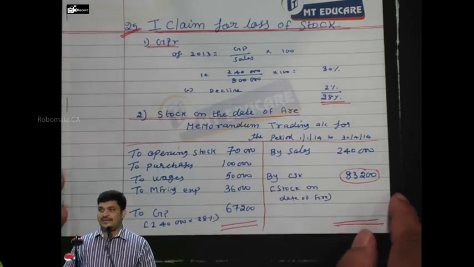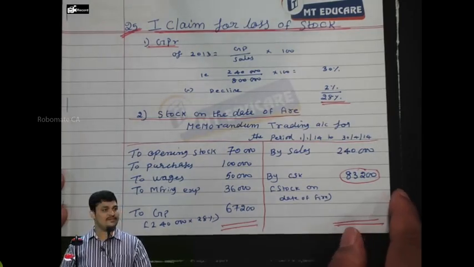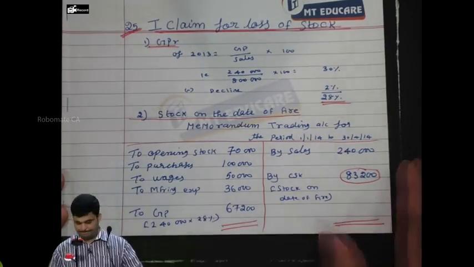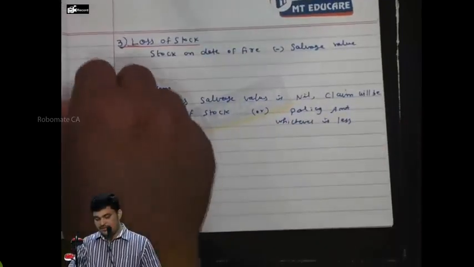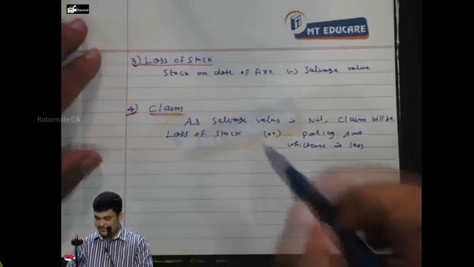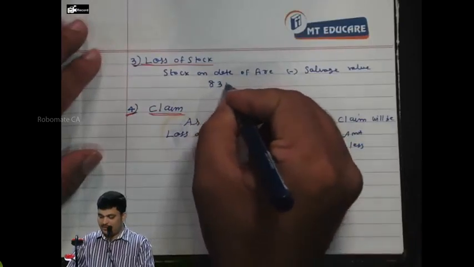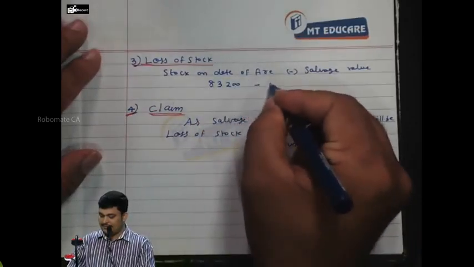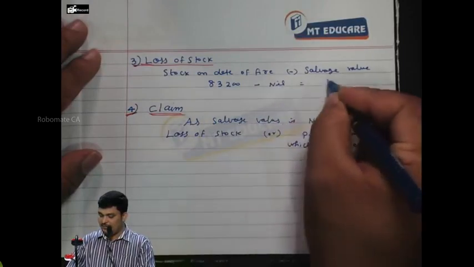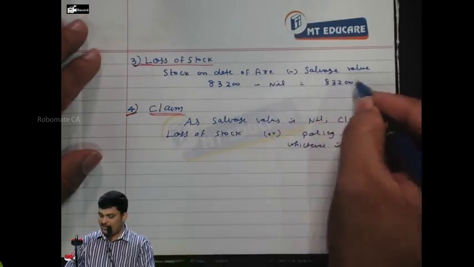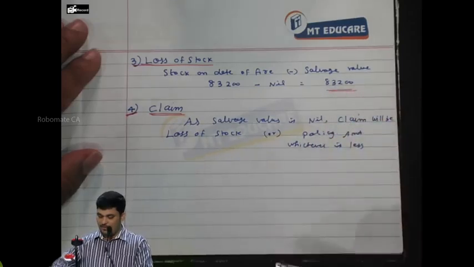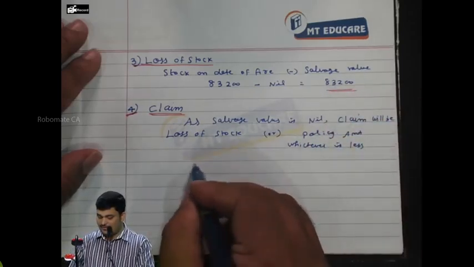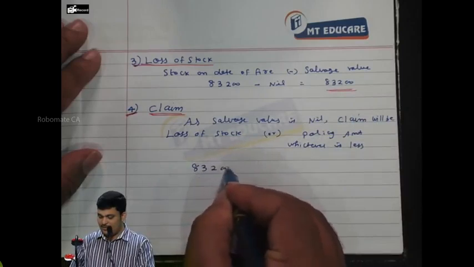Up to this you would have completed correctly? Yes, everybody? Yes, okay. Next, stock on the date of hire, 83,200 minus nil equal to 83,200 is the loss of stock. We know loss of stock is 83,200.